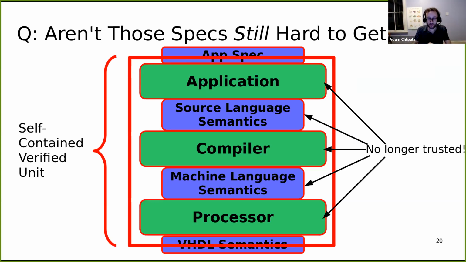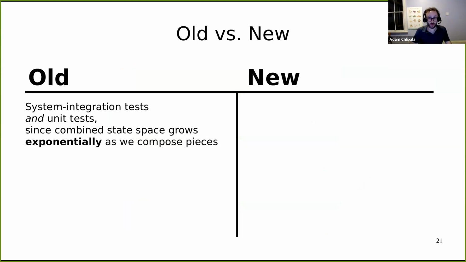All these internal pieces of the box are no longer trusted, in the sense that in the process of proving the entire system correct, we must find any bugs that were left in the intermediate pieces, not just components like the compiler or processor, but even bugs in proof artifacts like the semantics. If we got the wrong idea of what a certain construct of the C programming language means, and if that construct is relevant for the correctness of the total system, we will find that mistake in the course of doing this complete proof.